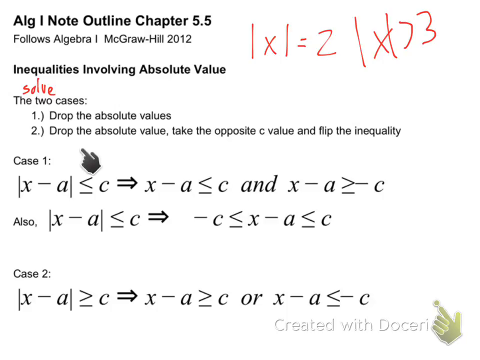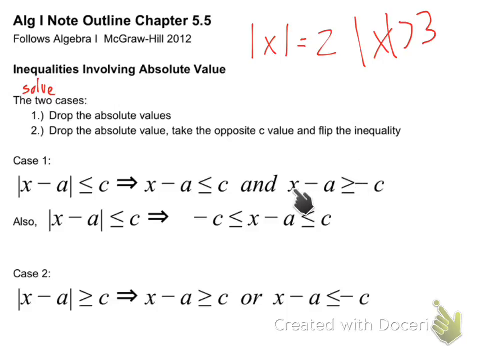But it's only half. We then go to 2 and say, you drop the absolute values again. See, they're gone. x minus a. But now I'm going to take the opposite of c. And I kind of act like, hey, if I'm going to multiply something by negative 1, what should I do? Flip the inequality.